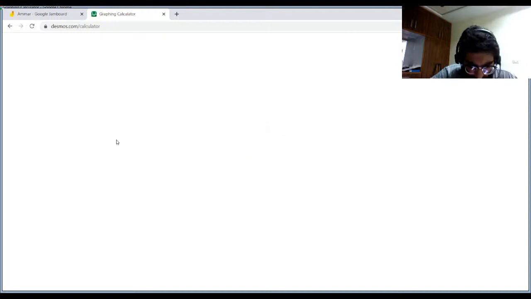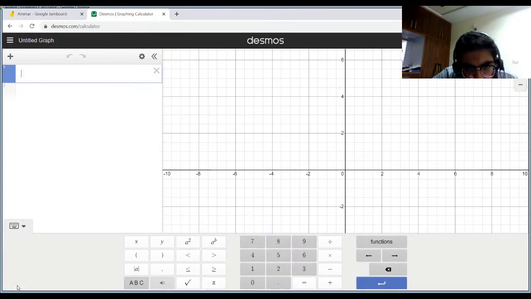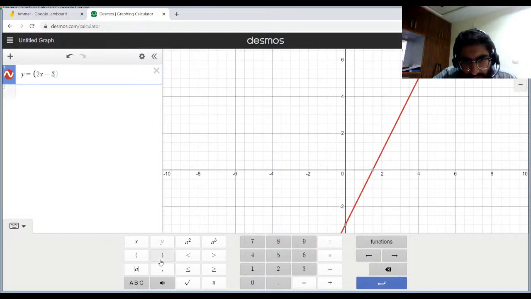First we draw the graph of 2x minus 3. Does it give me an option for absolute functions? It should. Very good. So first of all I put y is equal to 2x minus 3, plus 1.